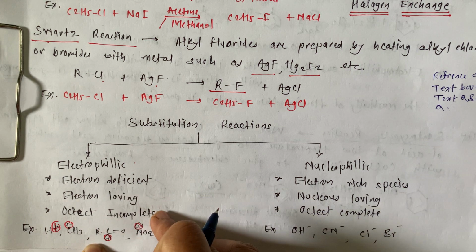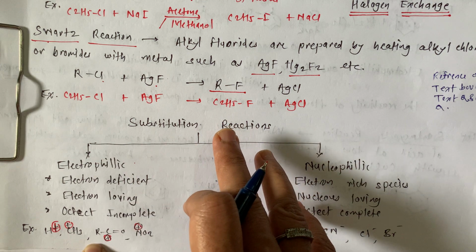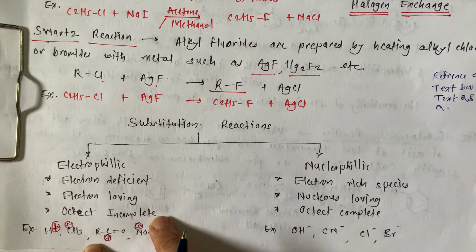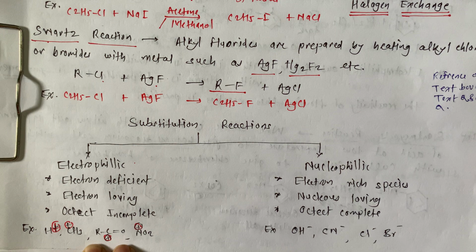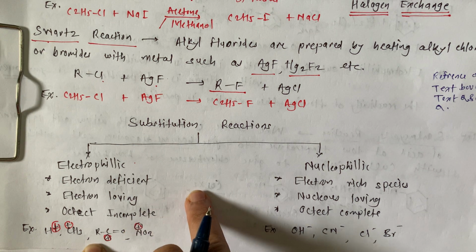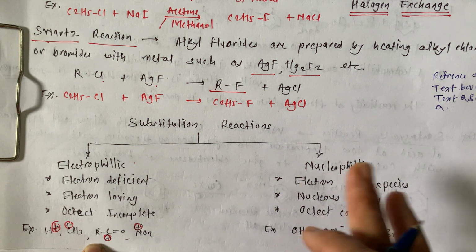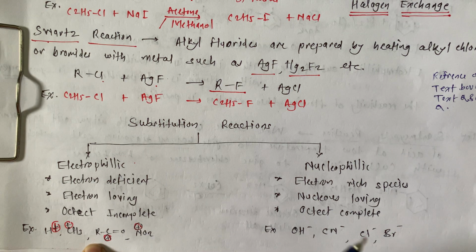If the octet is complete, then there is no charge. When the octet is complete, they carry a negative charge. Incomplete means there is a deficiency, that's why they carry a positive charge.